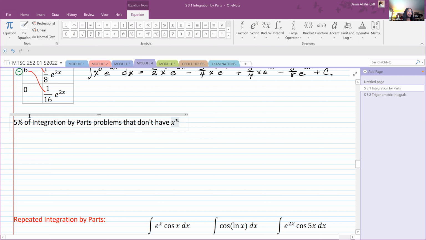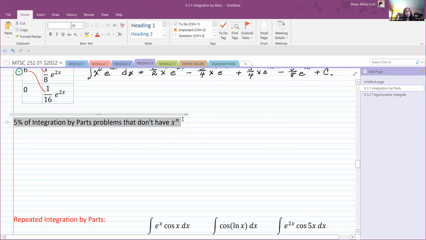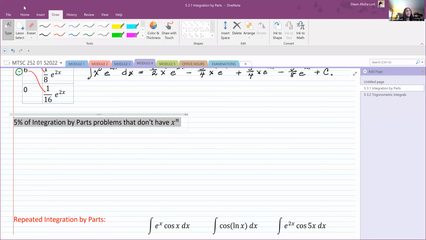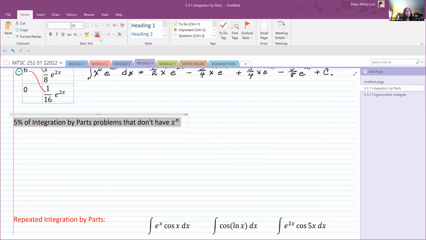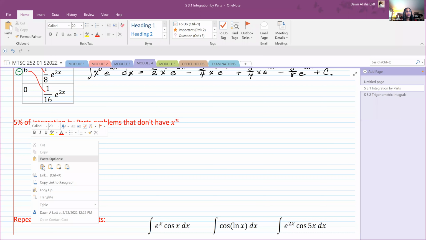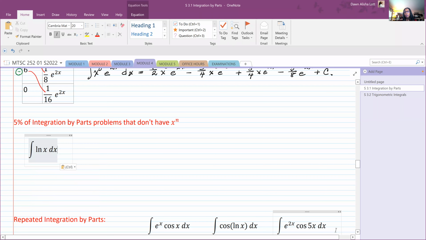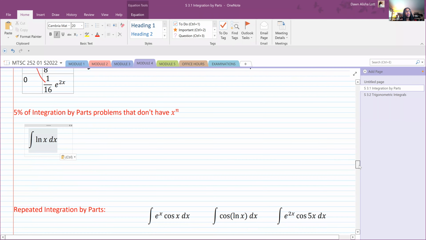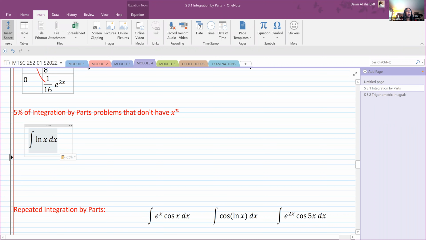Most integration by parts problems have some x to the n in them, but this 5% don't. And they are the most difficult, and they are things like the integral of the log of x, okay? So this is a tricky kind of problem.